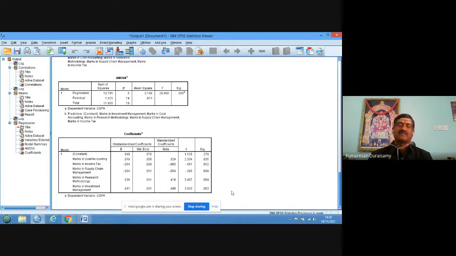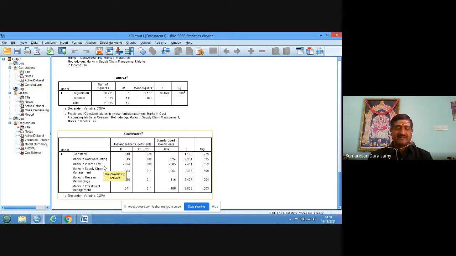Then investment management, 0.003, less than 0.01, it is significant at 1%. So we conclude that the CGPA is significantly influenced by marks obtained in cost accounting, research methodology, and investment management.